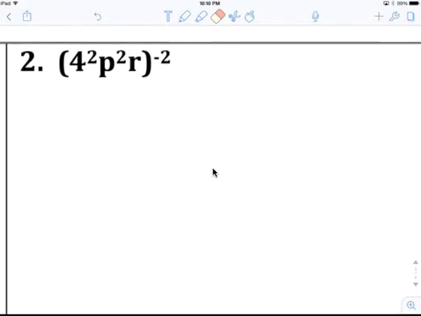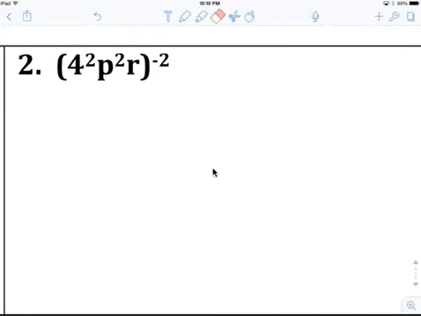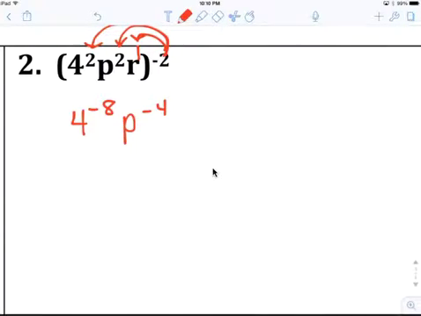One looks prettier. Okay. Here you distribute the negative 2, okay, to all of them. So you get 4 to the negative 8th power, p to the negative 4 power, r to the negative 2 power. Okay?